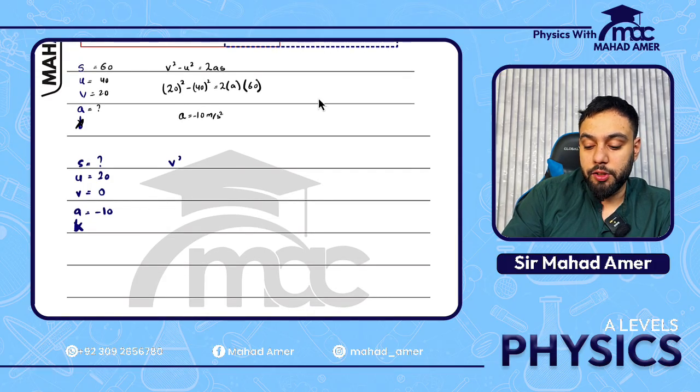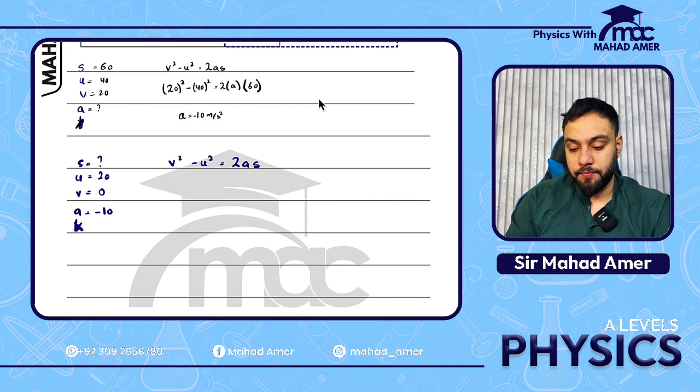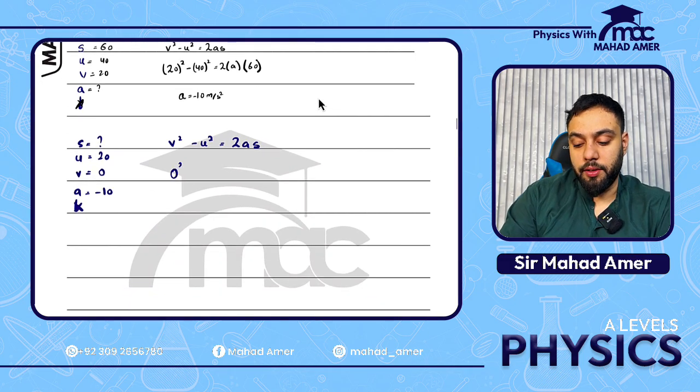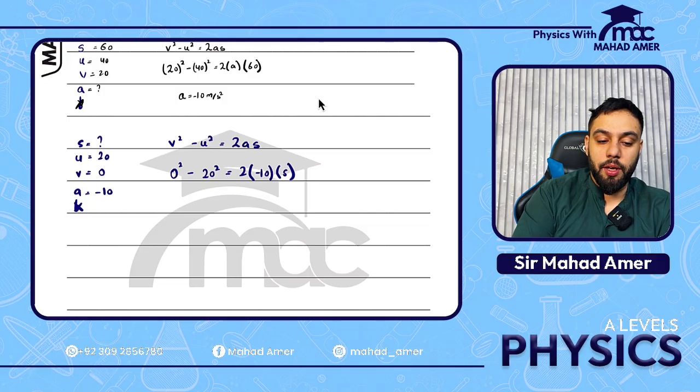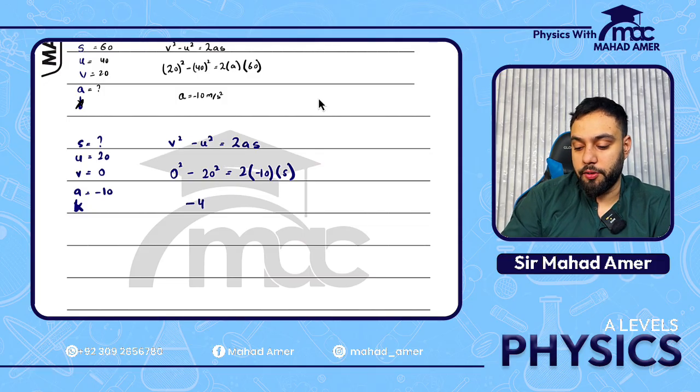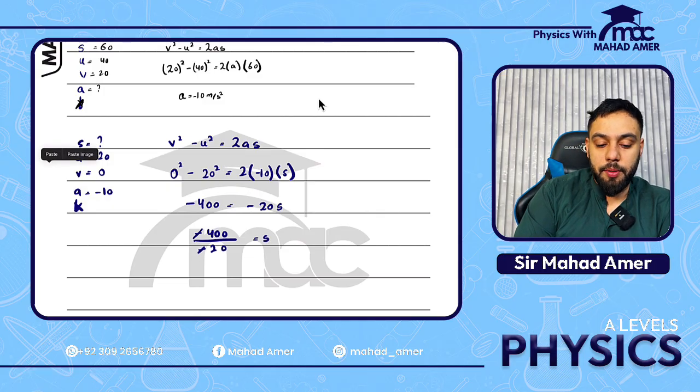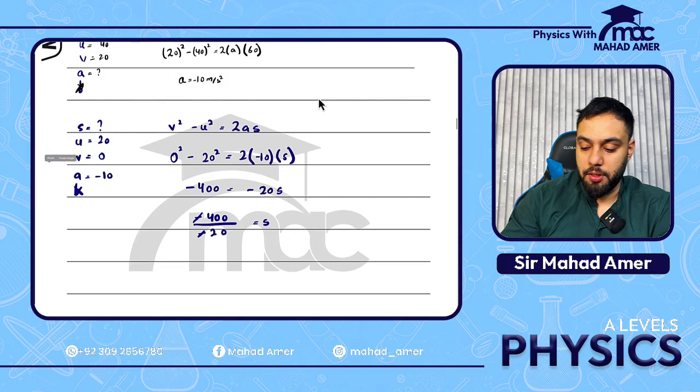Again, I'll be applying V square minus U square equals 2AS. The final velocity in this case is 0. Initial is 20 squared equals 2 times negative 10 times S. So 0 minus 20 squared is negative 400, which equals negative 20S. So negative 400 divided by negative 20 would give me the displacement value, and that would be equal to 20 meters.